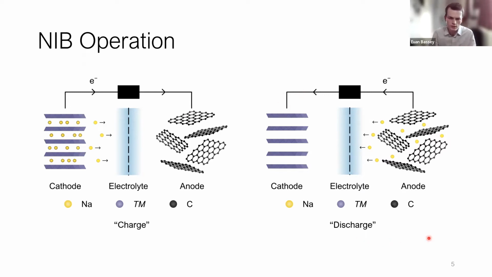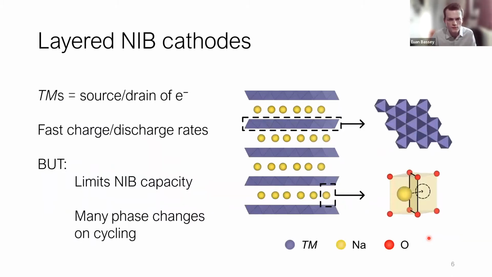So let's just look in more detail at the cathode, because that's the material I said I'm going to focus on, and also the thing that limits the capacity. So layered sodium-ion battery cathodes are probably the most commercially successful of all of the cathodes that are actually out there. And this is simply because they offer relatively good mobility of the sodium ions because of these two-dimensional planes.